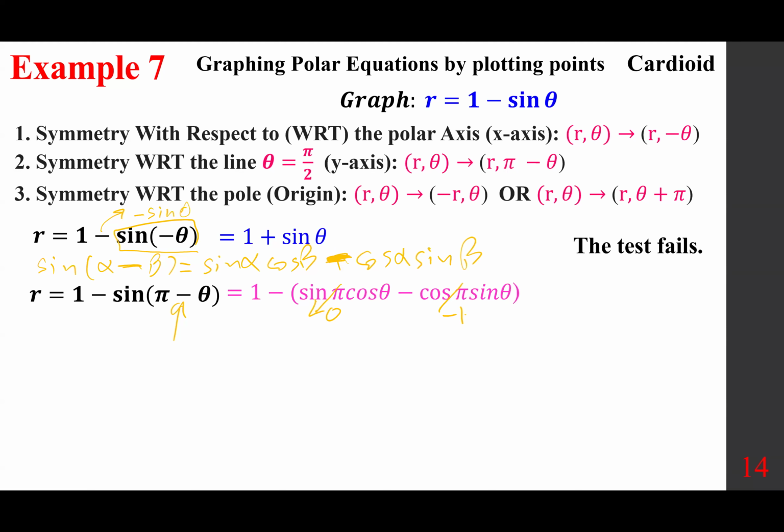So what do we have here? This goes to 0. This one is negative times negative times negative, which makes it negative. So 1 minus sine theta. So it's identical to what we started. So the graph is symmetric with respect to theta equals pi over 2. Pretty straightforward, everybody.